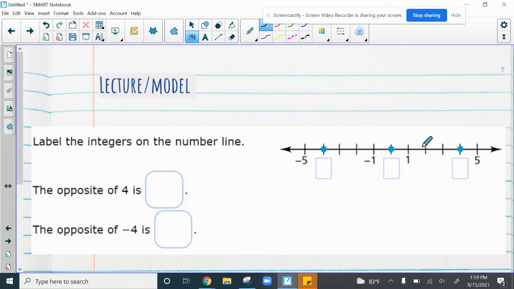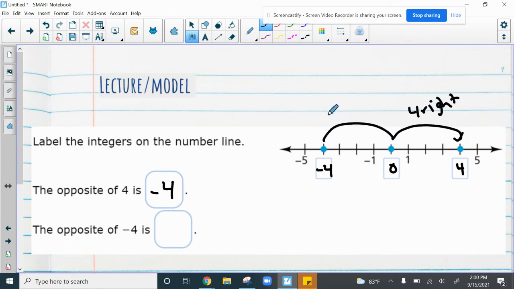So the opposite of 4, which would be right here, just before 5, would be -4, which would be just before -5. And then 0 is right in the middle. 4 is 4 hops to the right. -4 is 4 hops to the left.